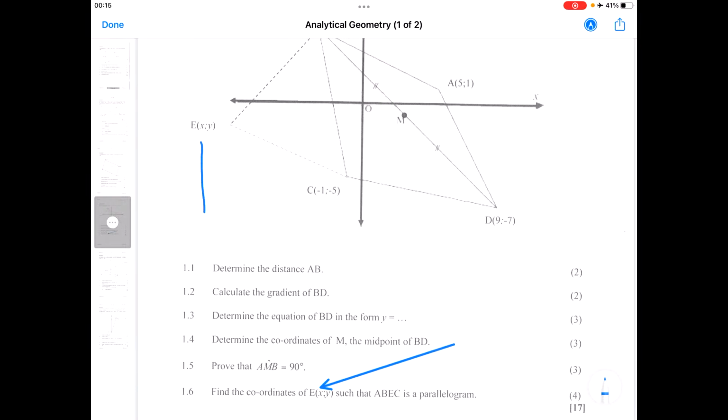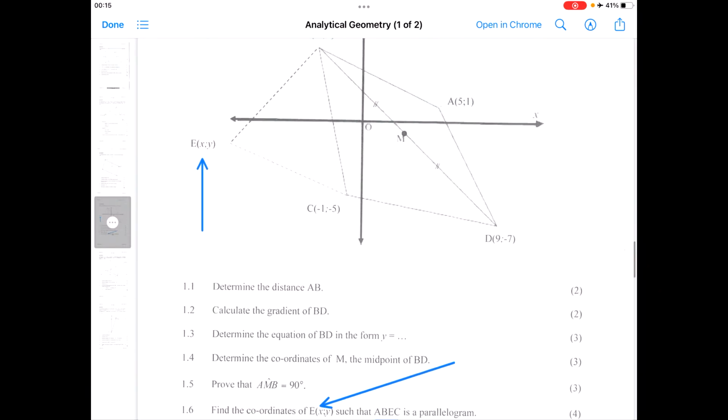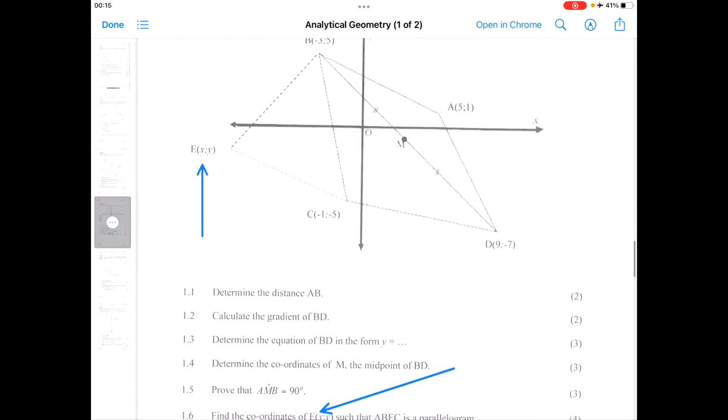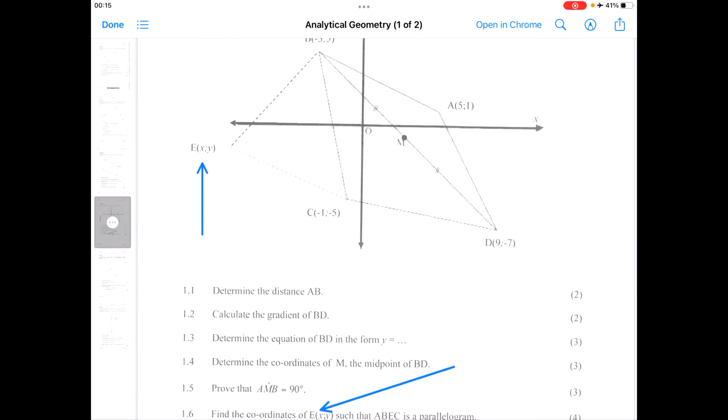There is E. Find the coordinates of E such that A, B, E, C is a parallelogram. 4 marks. Let's see. Let me do that. Sure. I'm just hoping that it's not a complicated question.